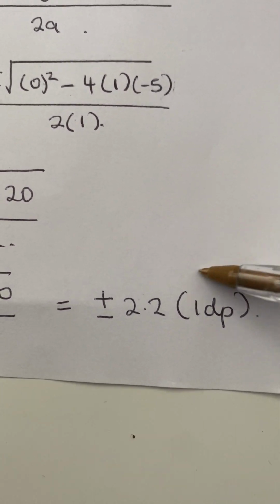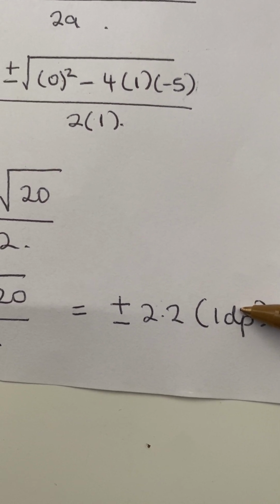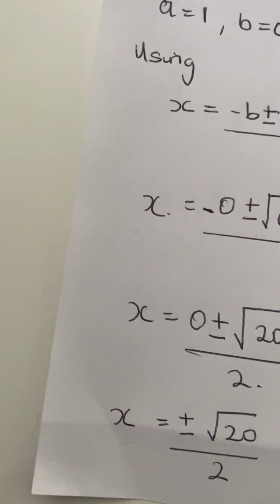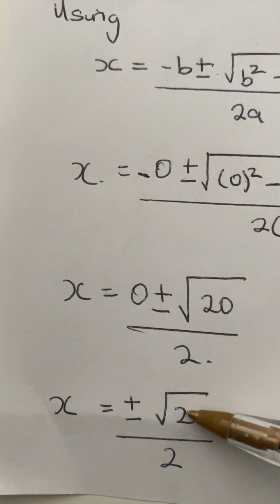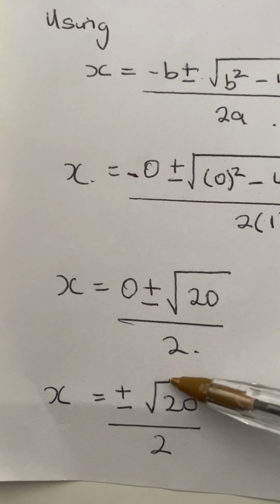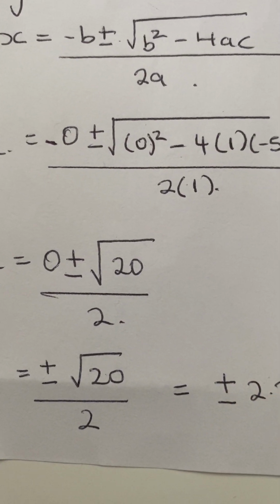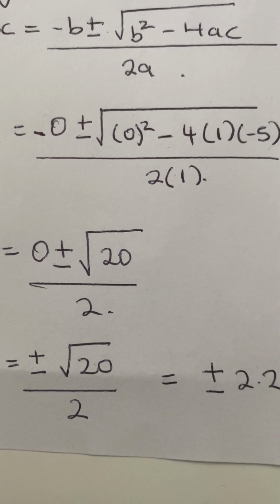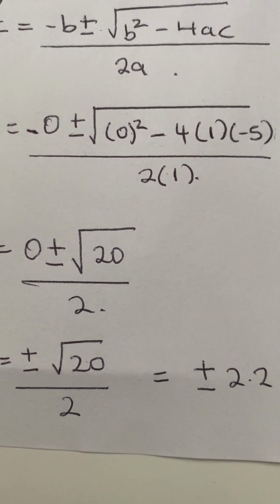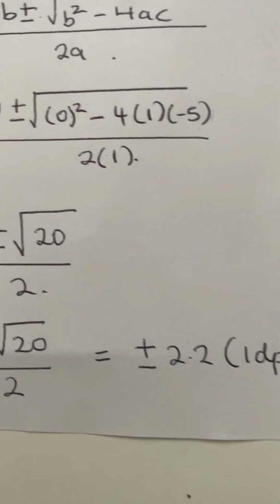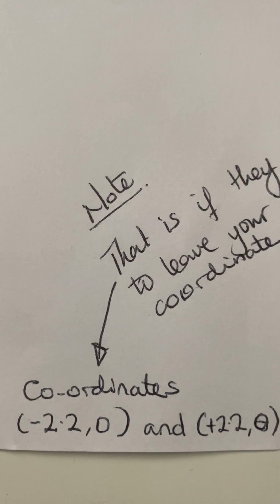Okay, so this is 1 decimal place. So the values of x will be the positive and the negative, because you can see from the graph there is a positive x and there's a negative x.